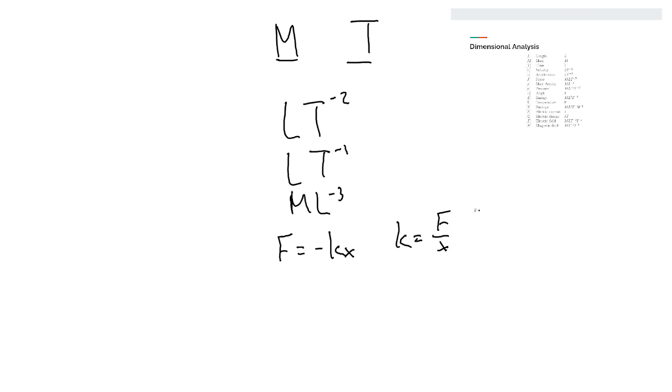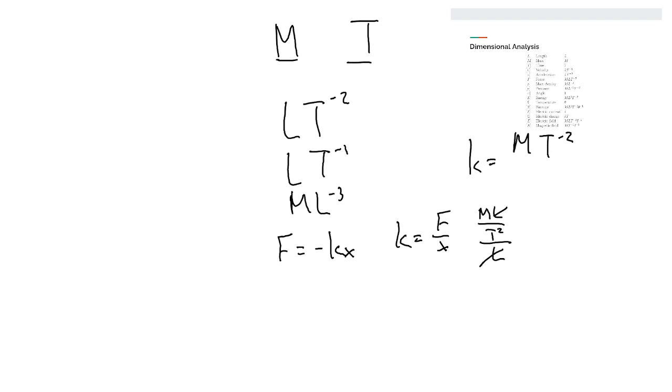So this is ML over T squared divided by L, right? That means that we can cancel these 2 off. So our k is going to be equal to M over T squared, right?